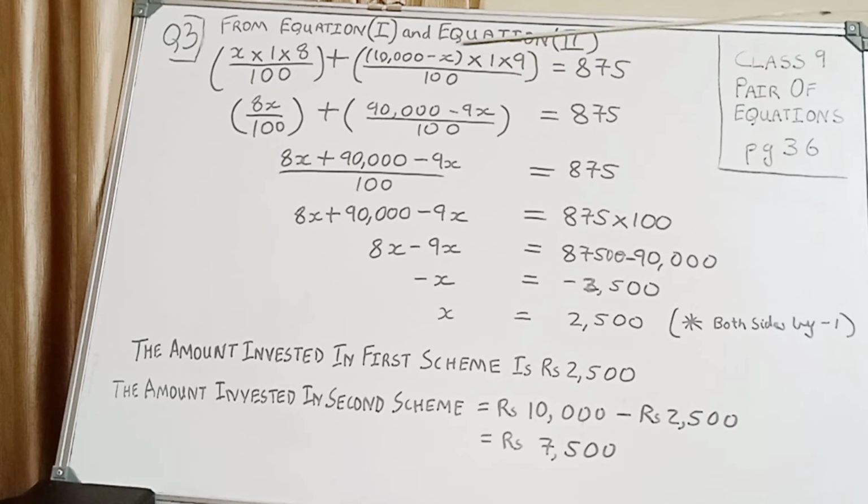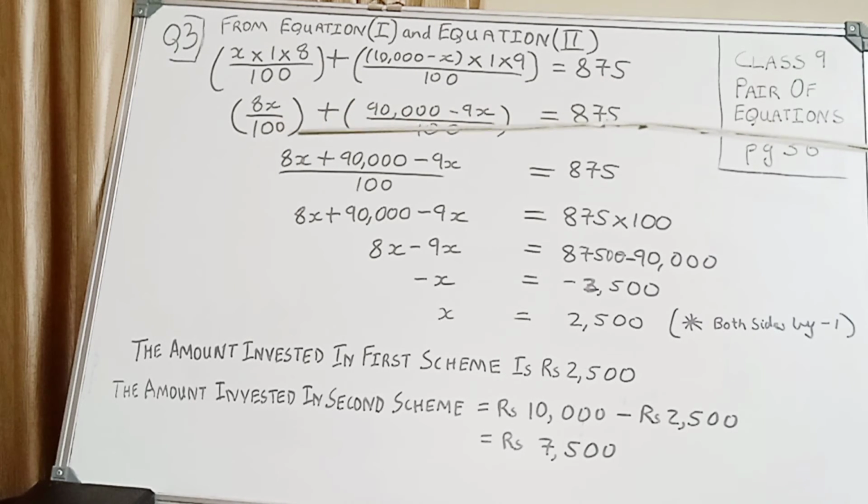So this 9 will be multiplied to 10,000 and 9 will be multiplied to X. That is how we got 90,000. This minus sign is taken from here and brought down. And 9 into X is 9X. Now this divided by 100 is carried forward down and equal to 875.